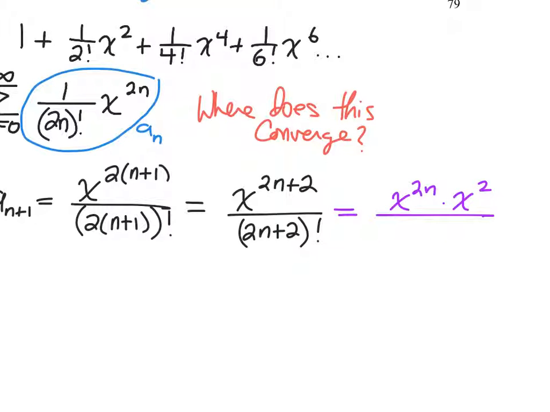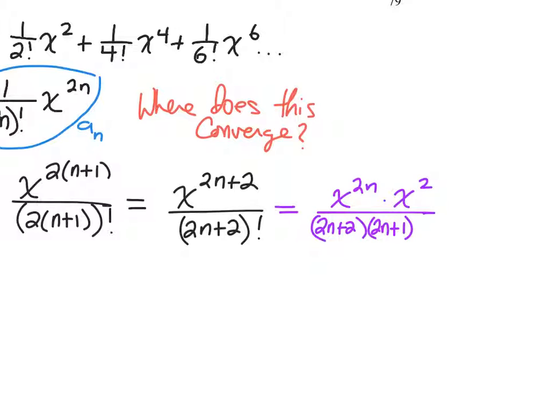So 2n plus 2 factorial, that would be 2n plus 2 times 2n plus 1 times 2n minus 1 and so on. But since I'm looking to cancel out 2n factorial, I would stop at the next one and just call it 2n factorial. Because contained within that 2n factorial is everything after, all the way down to 1.